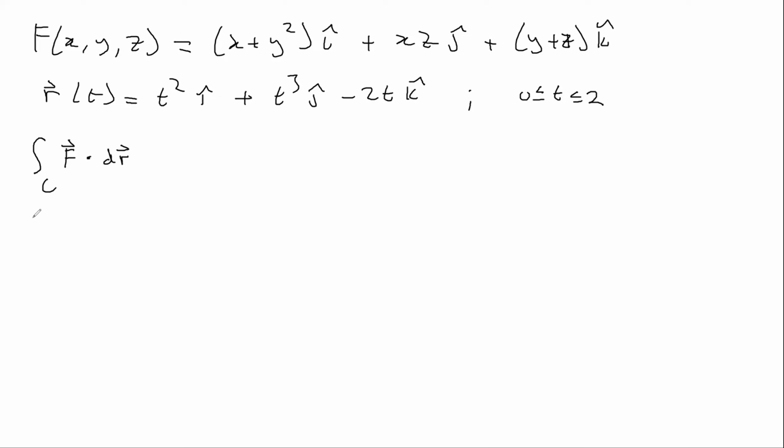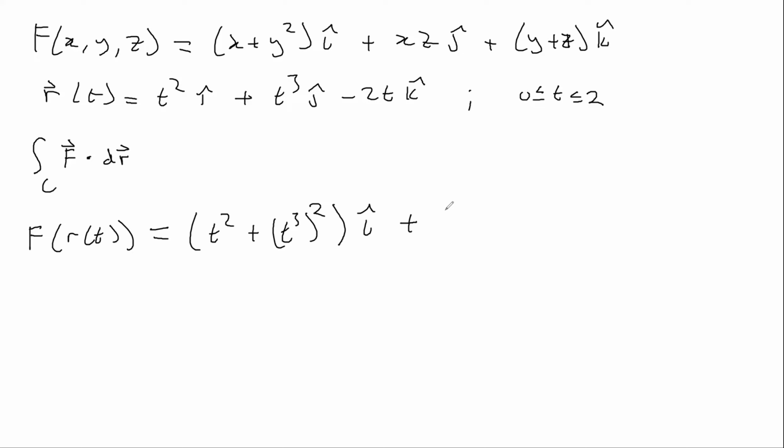What I need first is to rewrite the function in terms of time, so I'm just going to plug r(t) into F. x is going to be t squared, so we plug in t squared plus y squared, which is t cubed to the power of 2, for the i component. Then x is t squared while z is negative 2t for the j component of F(r(t)), plus t cubed minus 2t for the k component.